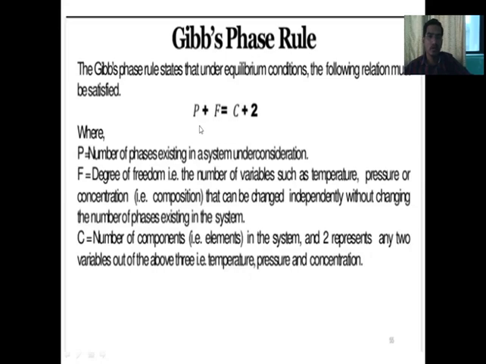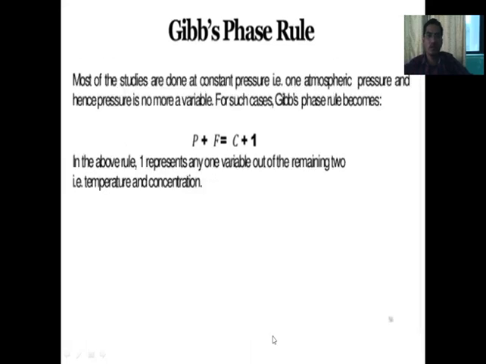So this is the theoretical formula for the phase rule. Now we will move on to the Gibbs phase rule for practical application. Most studies are done at constant pressure, that is 1 atmospheric pressure. Pressure remains constant at 1 atmosphere, and hence pressure is no longer considered a variable.